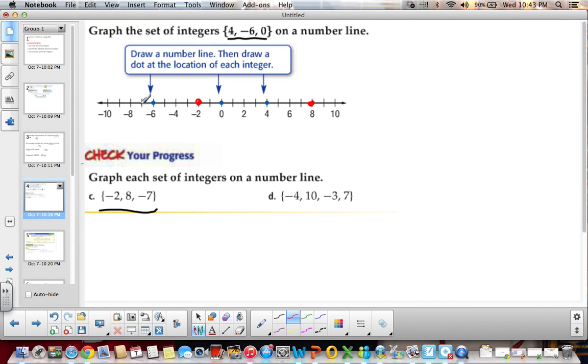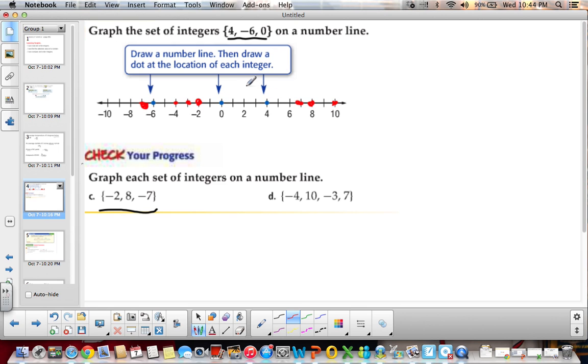Then -7 is between -6 and -8. -4 we have right here, 10 we have right here. Here's -3, and we know it's going to be between -2 and -4. And then 7 is right here.